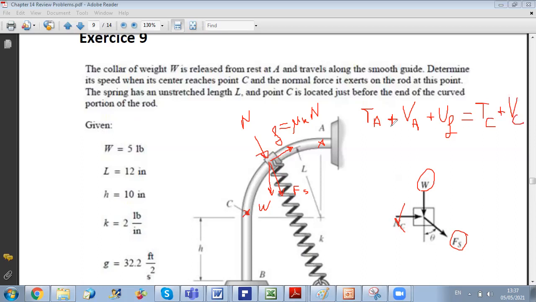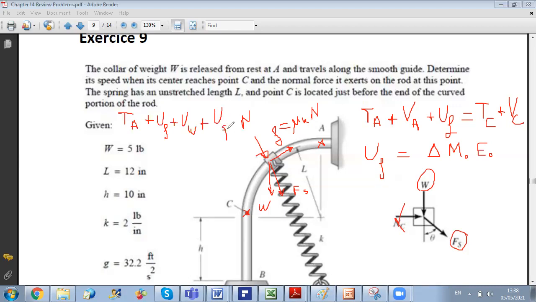So if you want, the work of friction here will be equal to delta of mechanical energy. This is also equivalent to writing the principle of work and energy. Because if you write the work and energy principle, you will have TA plus work of friction plus work of weight plus work of spring equals TC.